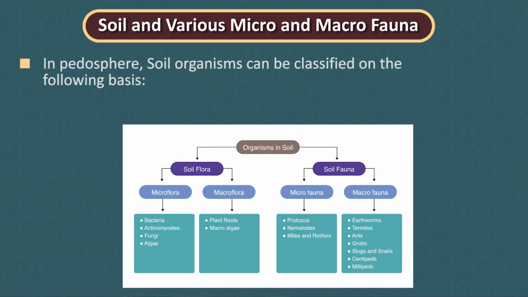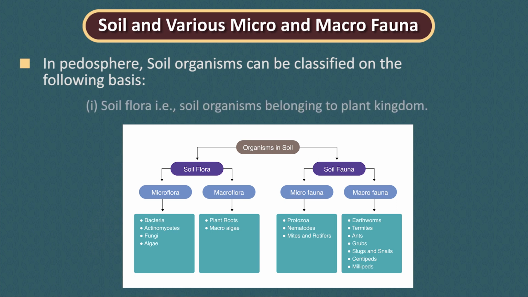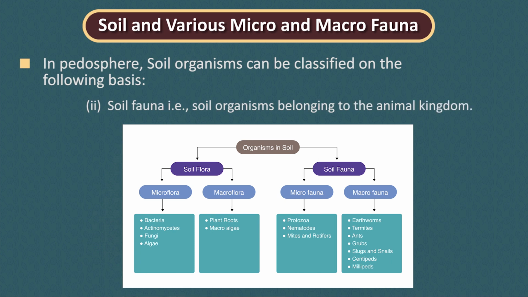Student, now let us discuss the classification of soil organisms. In the pedosphere, soil organisms can be classified on the following basis. Soil flora, that is, soil organisms belonging to the plant kingdom. Soil fauna, that is, soil organisms belonging to the animal kingdom.